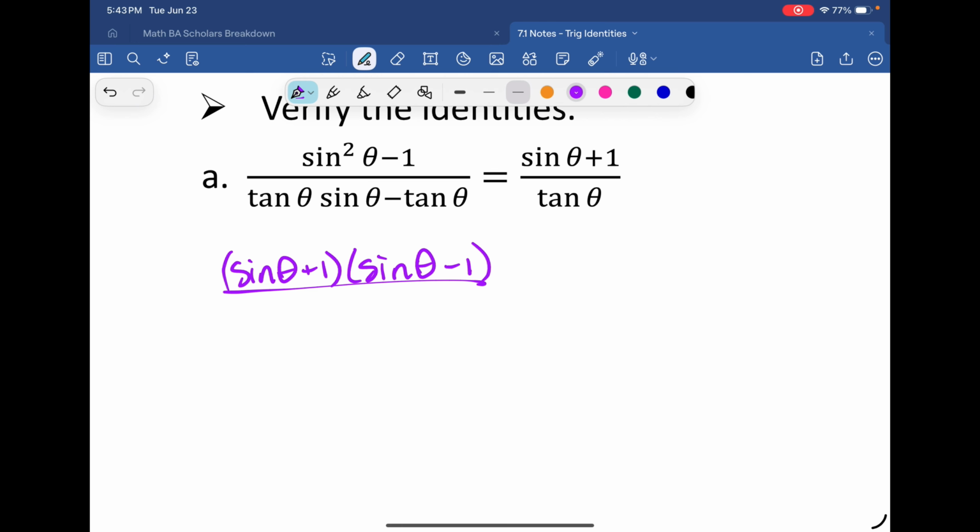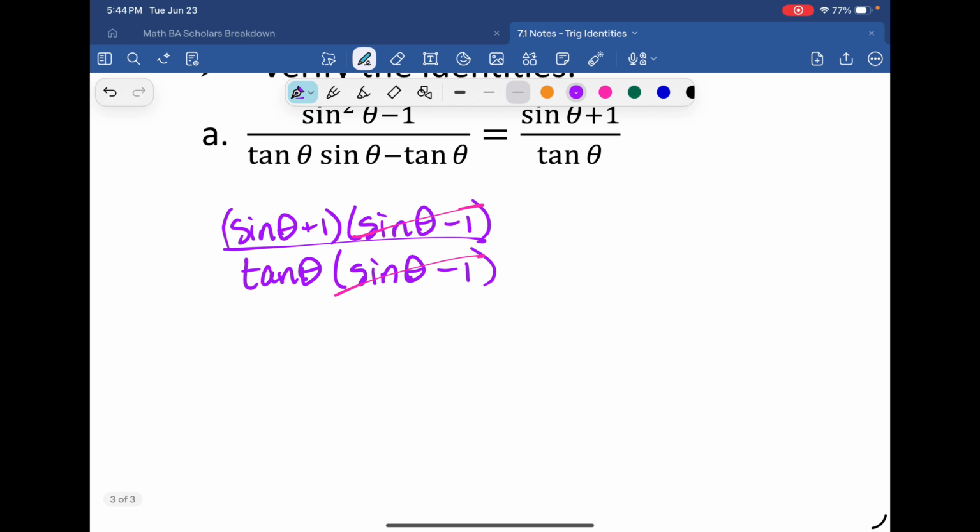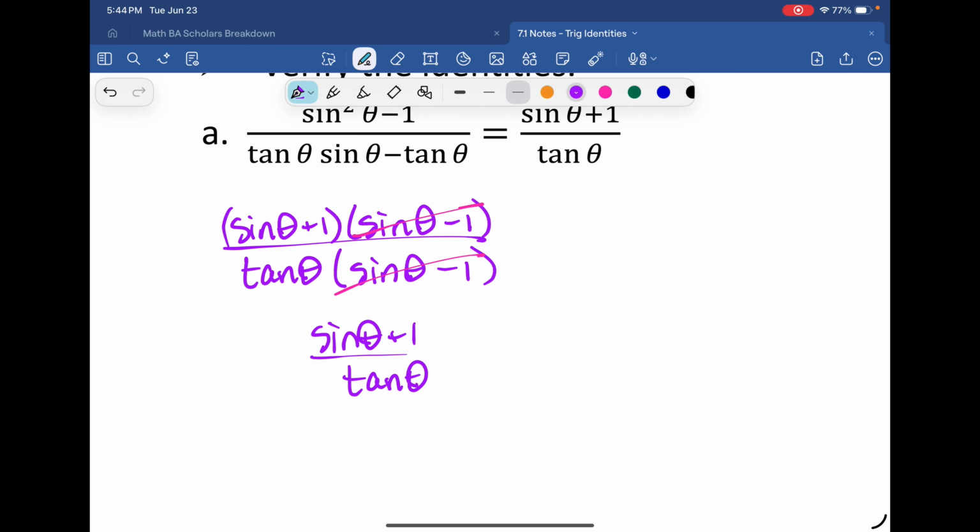And then, let's see, my denominator, it looks like I can factor out a GCF tangent. I don't want the tangent to disappear because I have tangent there. And if I factor that out, I end up with sine theta minus 1, which means I can cancel sine theta minus 1 over tangent theta.